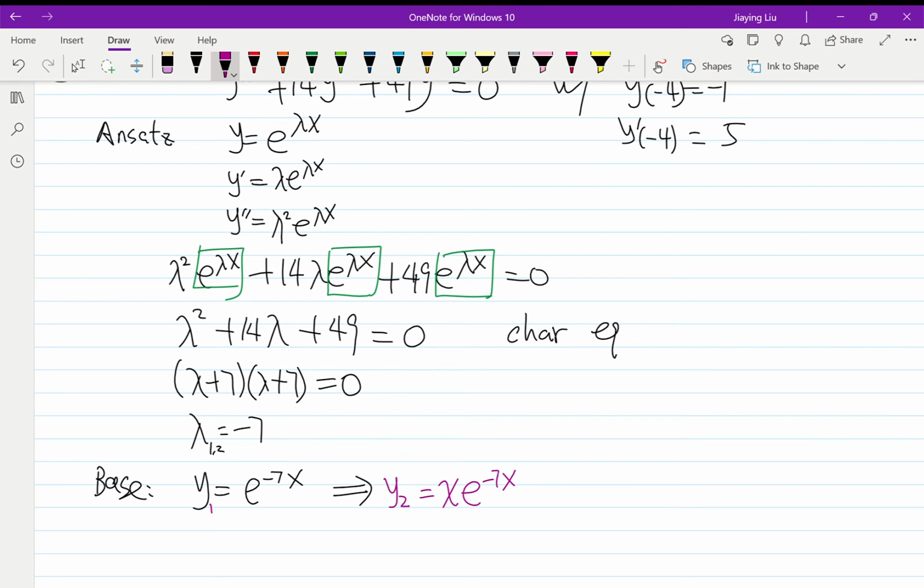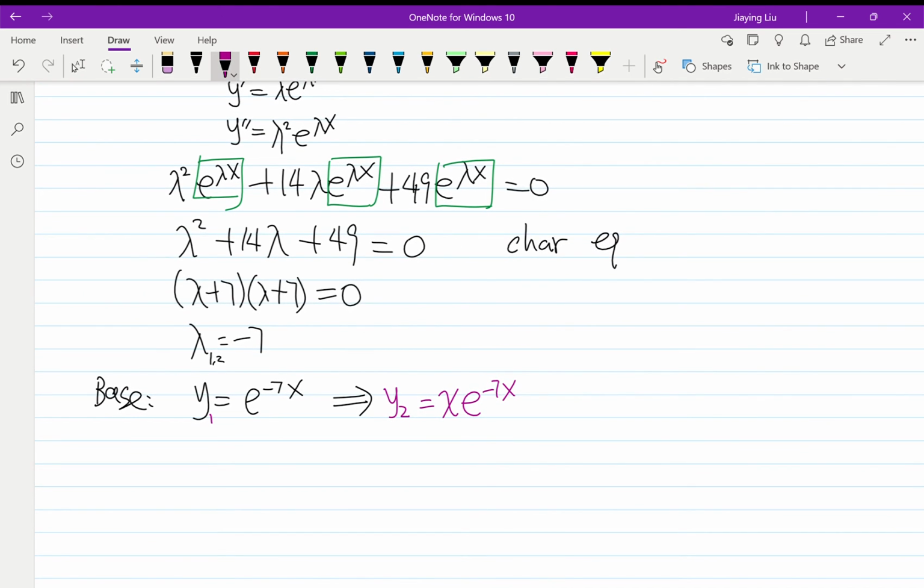And if you want to do the work to derive it, we don't have this given. We just found out this is the only base solution by using the ansatz. What we could do is try a second ansatz, y equals some function u of x times e to the lambda x, with lambda being negative 7.